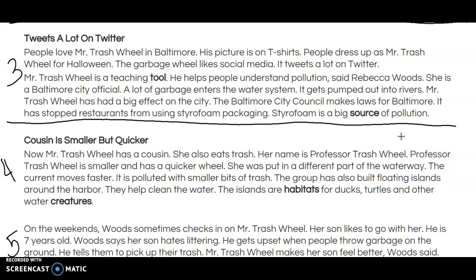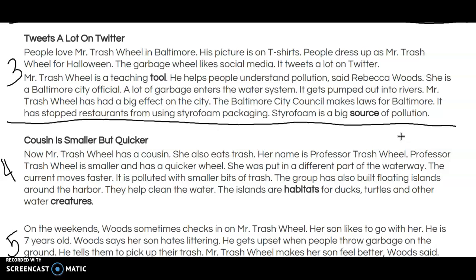Paragraph 3. Tweets a lot on Twitter. People love Mr. Trash Wheel in Baltimore. His picture is on t-shirts. People dress up as Mr. Trash Wheel for Halloween. The garbage wheel likes social media. It tweets a lot on Twitter. Mr. Trash Wheel is a teaching tool. He helps people understand pollution, said Rebecca Woods.